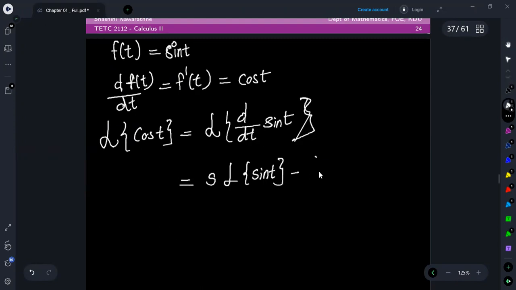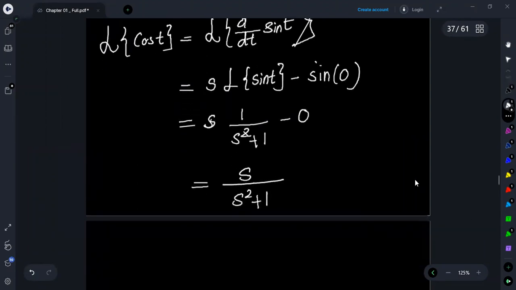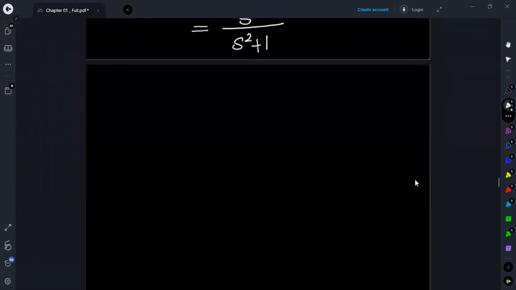The function is sine, so it is sine 0. The Laplace transform of sine t is equal to 1 over s squared plus 1, and sine 0 is equal to 0. So we obtain the answer s over s squared plus 1 as the Laplace transform of cosine t. Similarly, we can use this concept for some other examples as well.